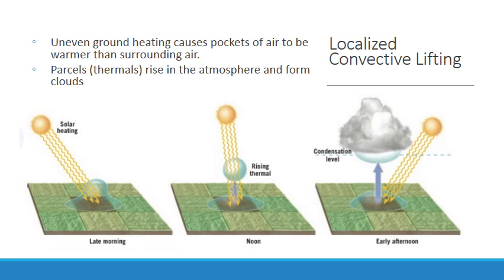When warm parcels of air rise above the condensation level, clouds form, and on occasion you can get brief, low-intensity mid-afternoon rain showers from them. The height of the clouds produced in that way is somewhat limited because the buoyancy caused solely by the unequal surface heating is confined to, at most, just the first few kilometers of the atmosphere.